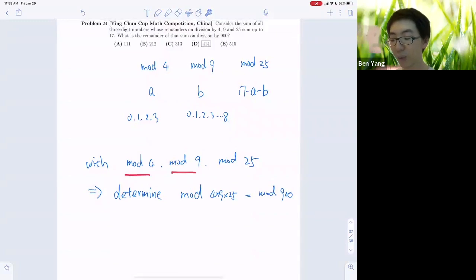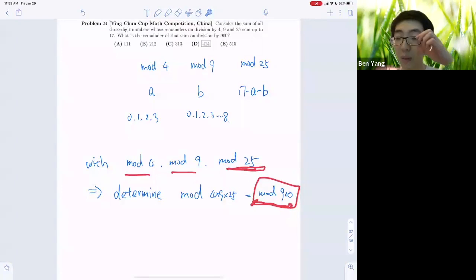As long as we have the three remainders there, we're going to have the remainder of that number mod 900. But then we also know that if we know the number's remainder on division by 900, then that uniquely determines a 3-digit number, because we have exactly 900 3-digit numbers.